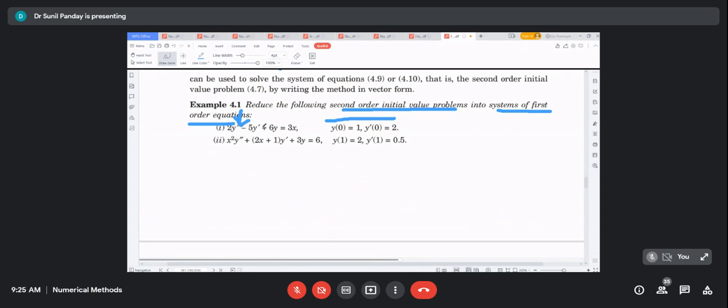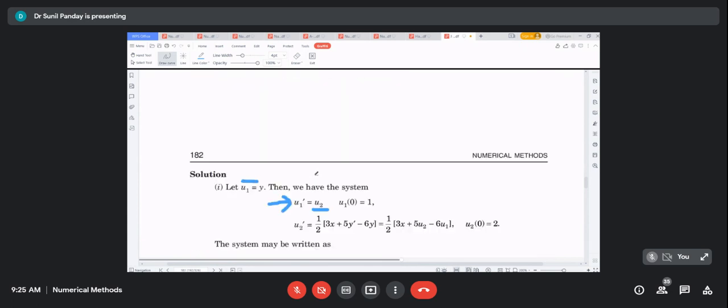From here, y'' is (3 + 5y' - 6y) upon 2. But y' is our u2, so y' is replaced by u2, and y is replaced by u1. So it's (3 + 5u2 - 6u1) divided by 2.